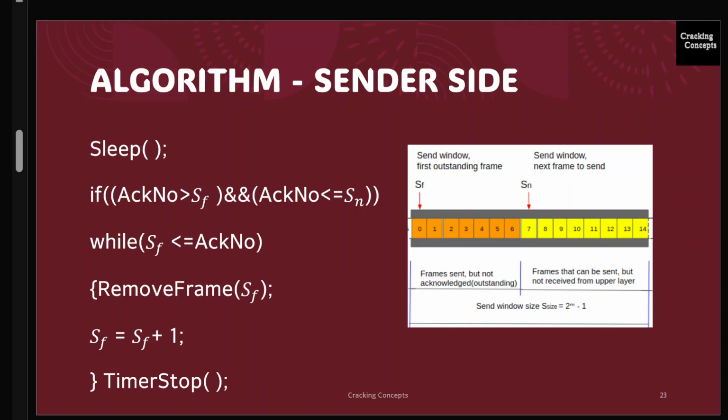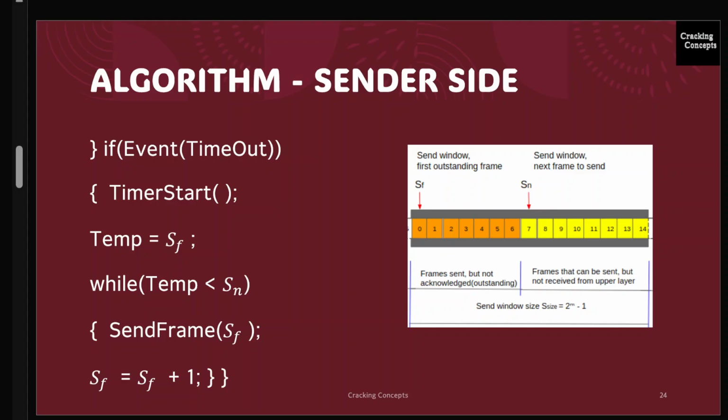It will also compare the acknowledgement number: if it is greater than SF and less than or equal to SN, then it will remove the frame SF because we have received the acknowledgement for it, and SF will be incremented by 1. It will slide forward and the timer will finally stop.